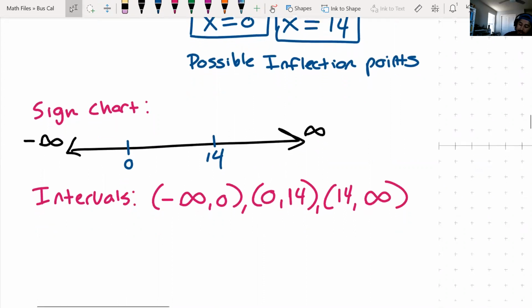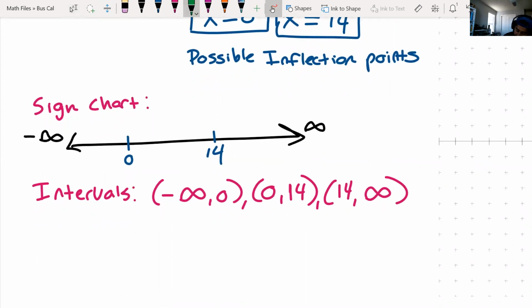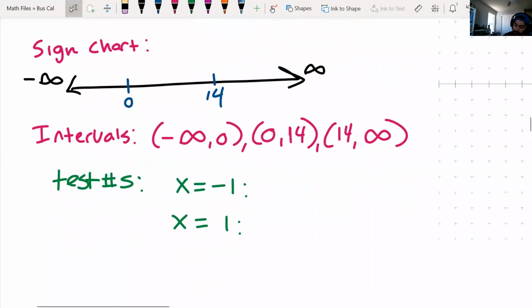Okay, and now we pick test numbers. Give me a test number from negative infinity to 0. -1. Give me a test number from 0 to 14. 1. And give me a test number from 14 to infinity. 15. Perfect.